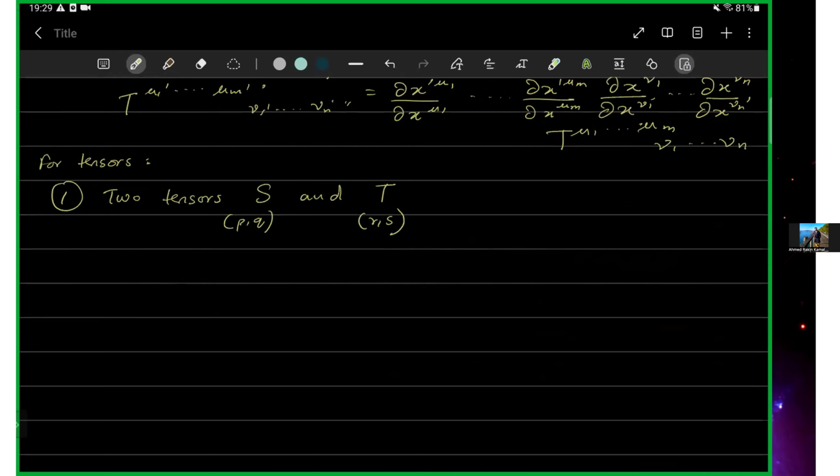If we consider first, let's say we have two tensors like I wrote over here, S and T, where S is of rank (P, Q) and T is of rank (R, S), you can in fact construct a larger tensor with indices P plus R and Q plus S. So maybe write it like this, using an operation known as the tensor product.